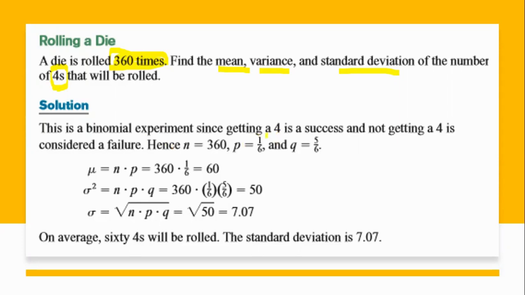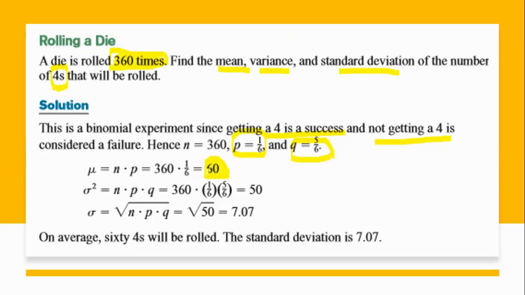In this case, getting 4 is a success and not getting 4 is a failure. The probability of getting 4 is 1 upon 6, and the probability of not getting 4 is 5 upon 6.